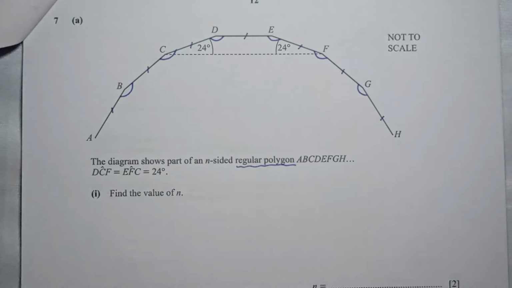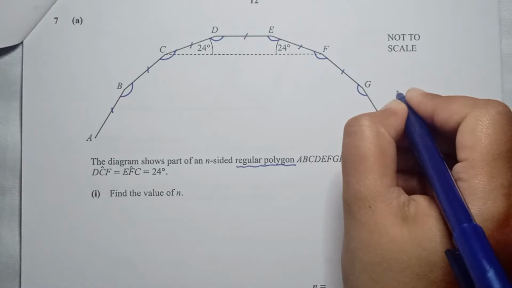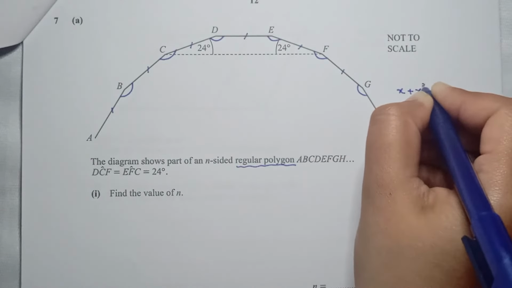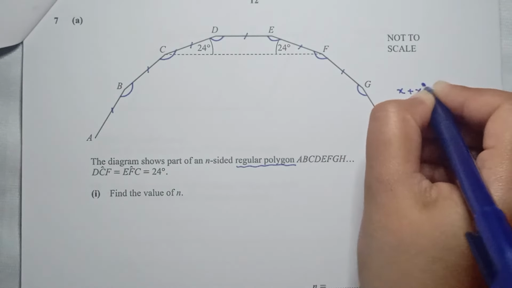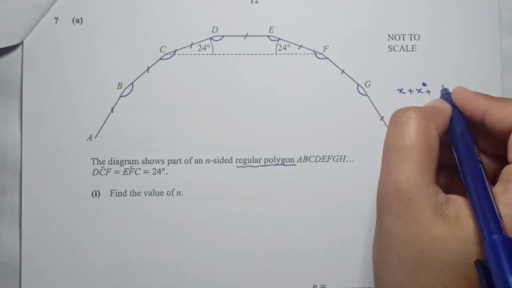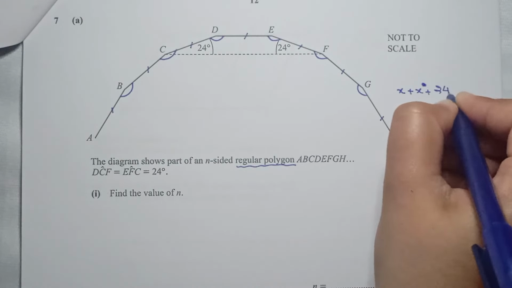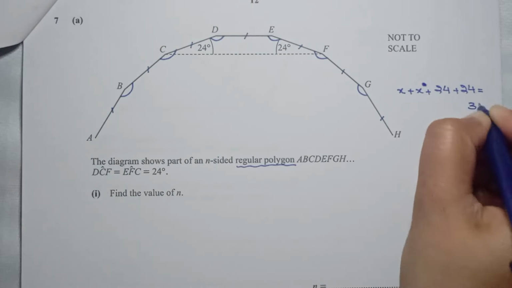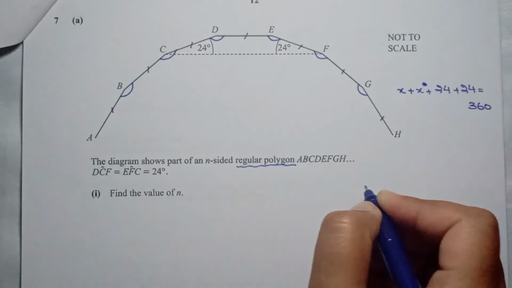Angle D is x plus angle E is x plus angle C is 24, angle F is 24, and the sum of all angles of a quadrilateral is 360, right?